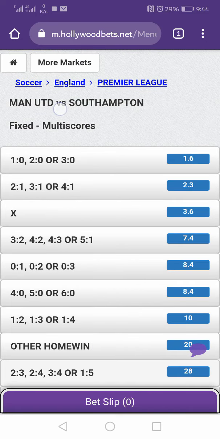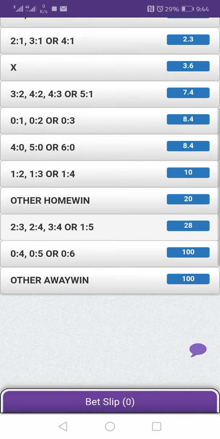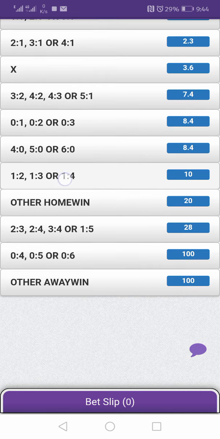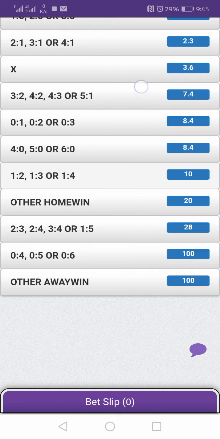You can see Manchester. But if you feel like Southampton will win also, but with a score that is not even listed here, maybe you feel like Southampton will win by 6, maybe 6-3, or maybe 6-4 or something like that. You can see there's no 6-4 here. You can see Tottenham here, it's backing them, Southampton to win by 4-1. Here it's backing them to win by 3-1, 2-1. And then here you can see it's backing them to win by 5. Basically, it's a vice versa of that, as I have said before.